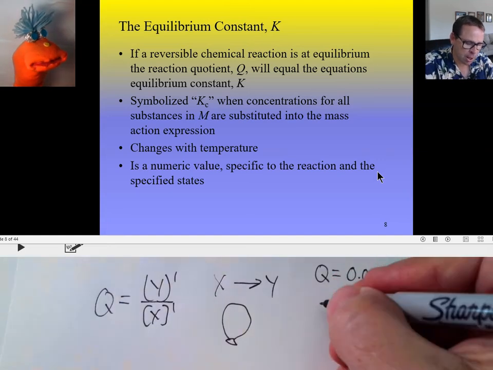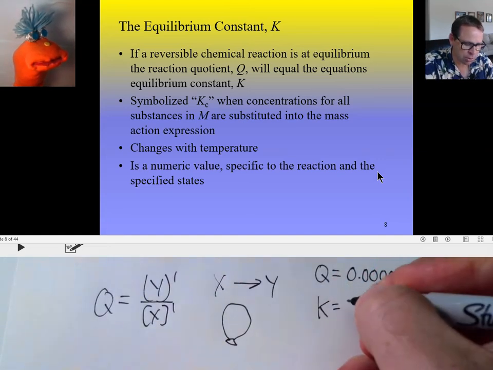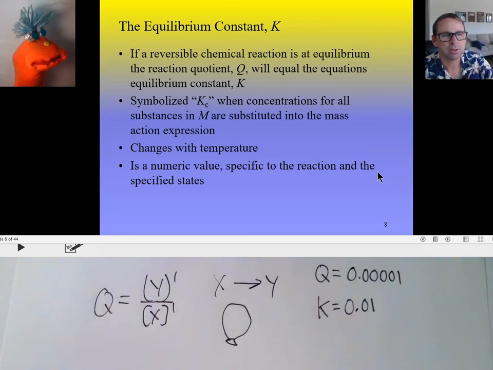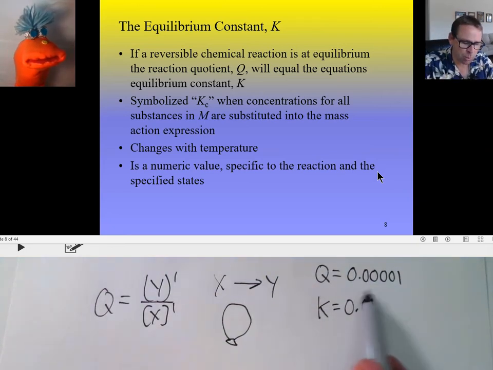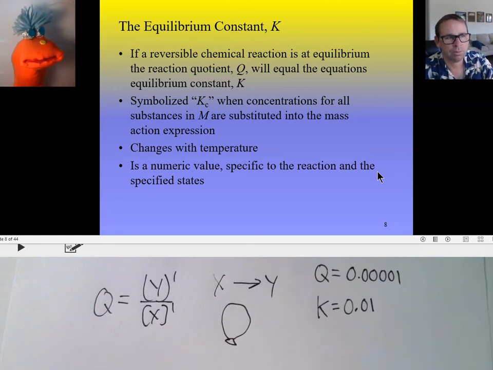Very good. Now, if I say my K is equal to 0.01, all right, under this condition, what is going to predominate, X or Y? Well, it's still low, so that means there's still going to be more X than Y, right? That's right.